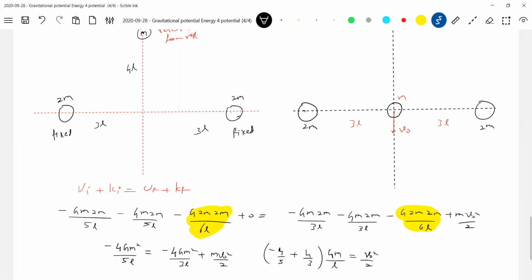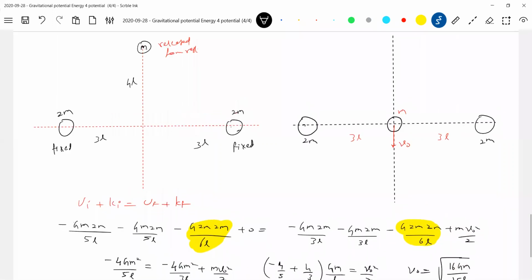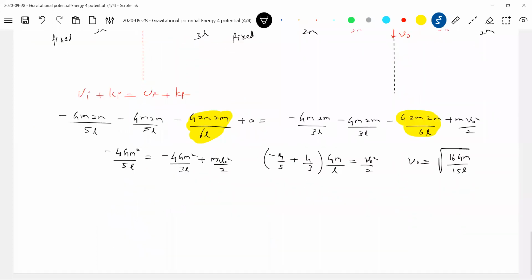The value will be 12, 12, 8 by 15, 16 by 15, I think it will be. Let me check once. So this is the speed of the particle. Oh no, finished, no integration, nothing. Agree with this? Okay, we'll take one more question.